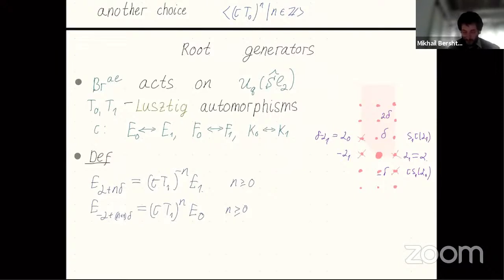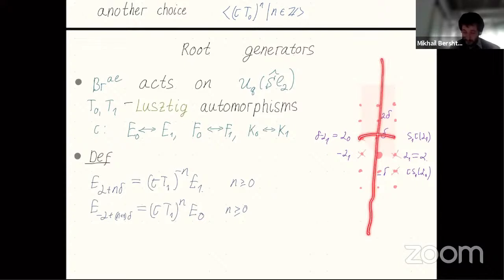Maybe one more computation. So why do I pick this formula? In terms of the roots, I wrote here that the root alpha plus delta is tau S1 of alpha. Indeed, if you apply tau, alpha 1 goes to alpha 0. And then if I apply S1, this is just reflection with respect to this line, so it goes to here.